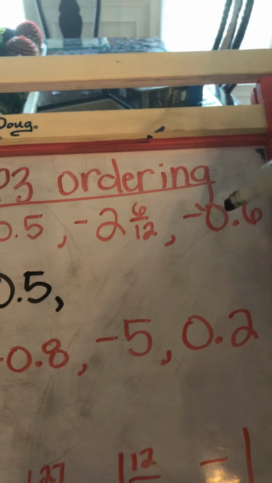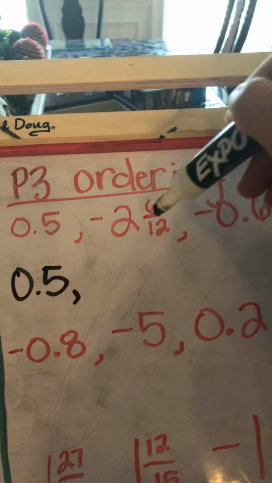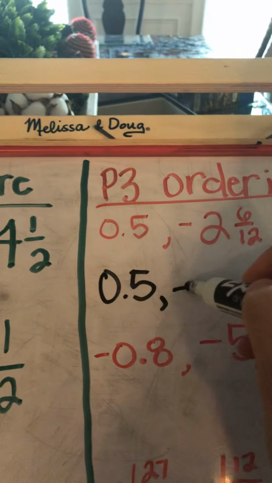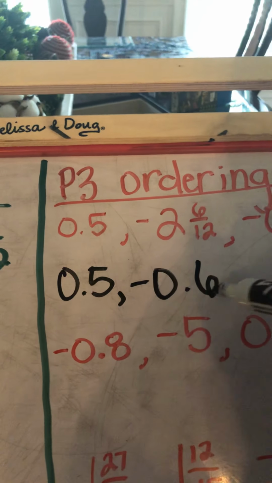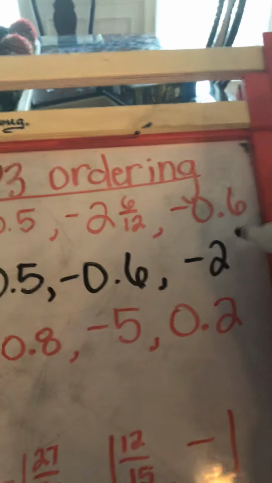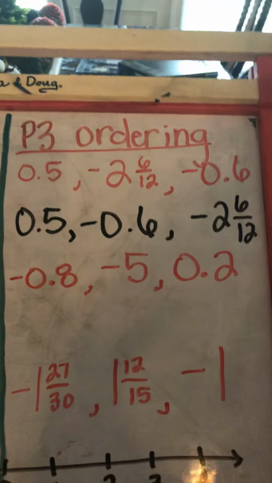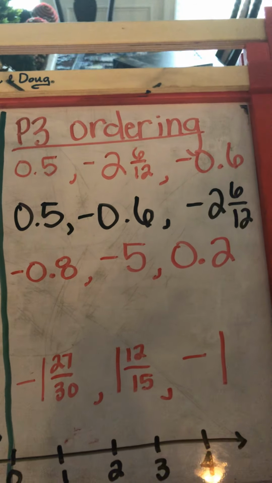Because this is closer to 0 in the negatives than this. So this is greater, and then my least value in this case is this.